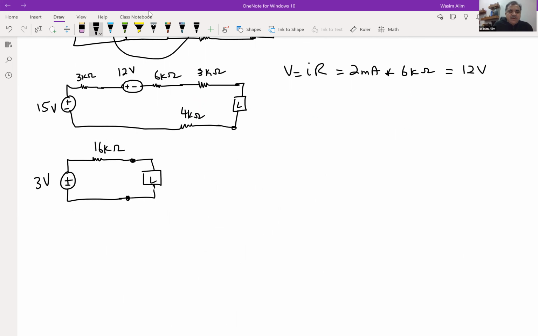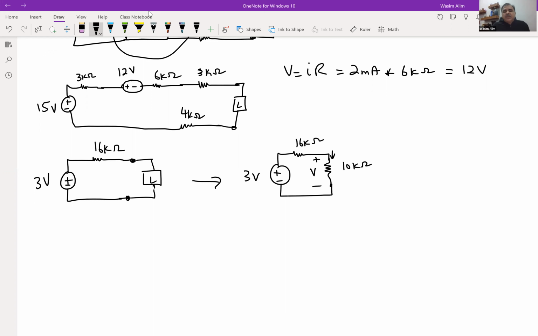So it'll be the same process. We need to find the current and we need to find the voltage there.